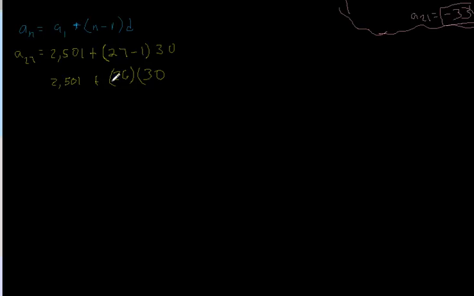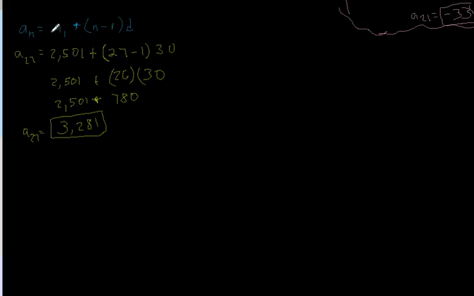Well, 30 times 26 is 780, so 2,501 plus 780 gives me a value of 3,281, and I box that as my answer. That equals a sub 27.